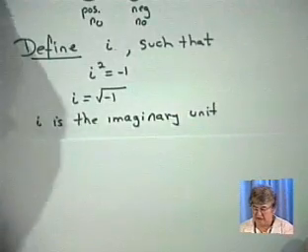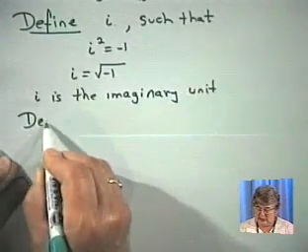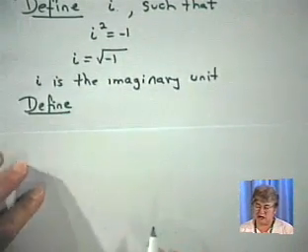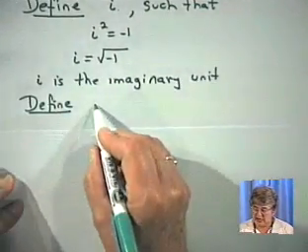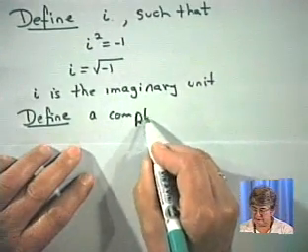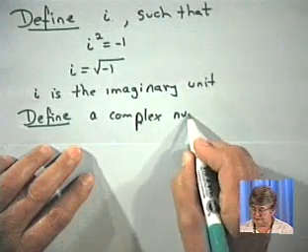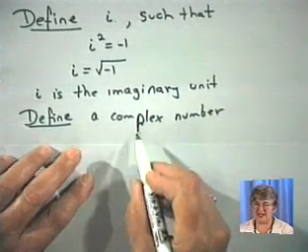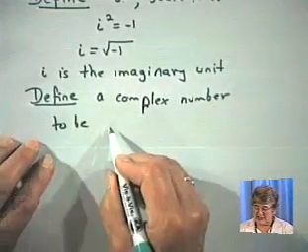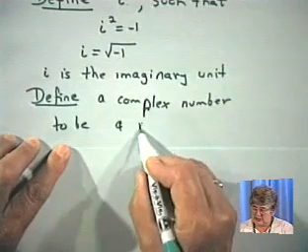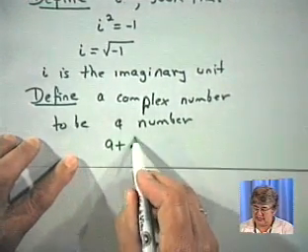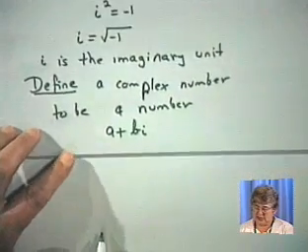And we're going to define a new set of numbers, which are the complex numbers. Define a complex number to be a number which is written as a plus bi. It comes in two parts. Okay?